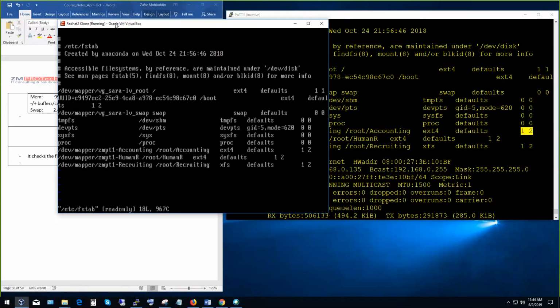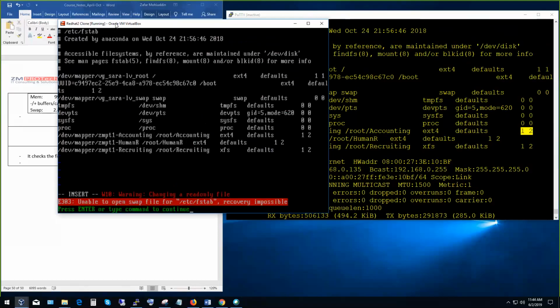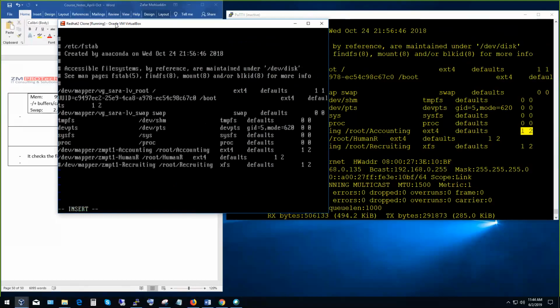So I'm going to go into insert mode and comment it out. Now, I did this on purpose. It's giving a warning: the file is read only. Okay, so the file is read only. I don't think we could.